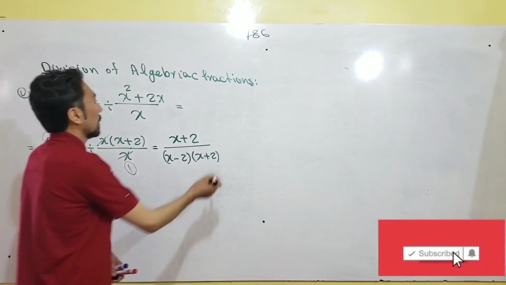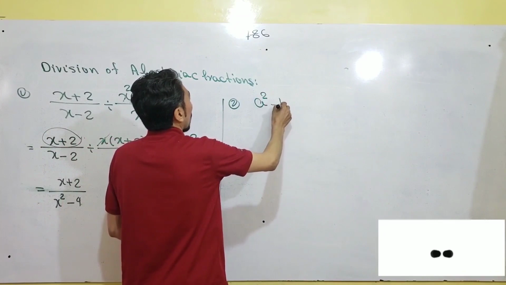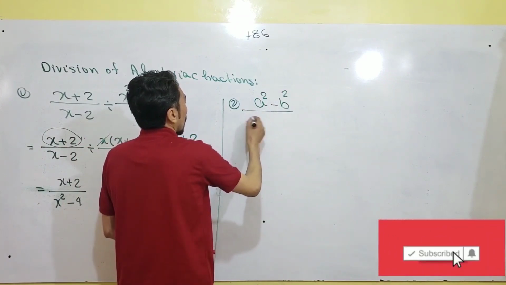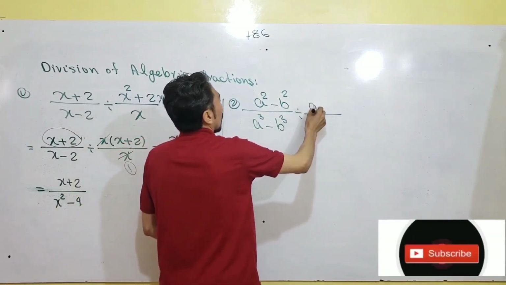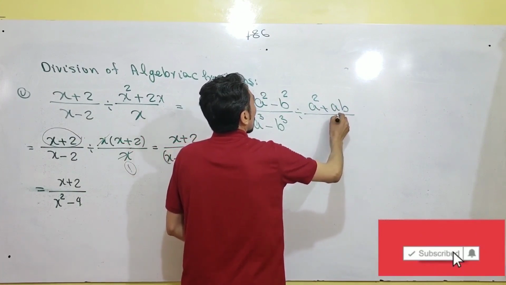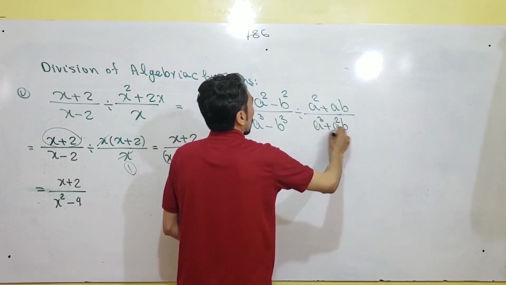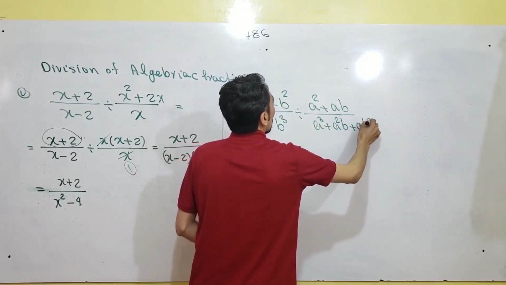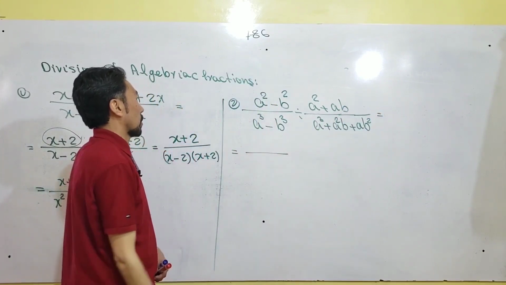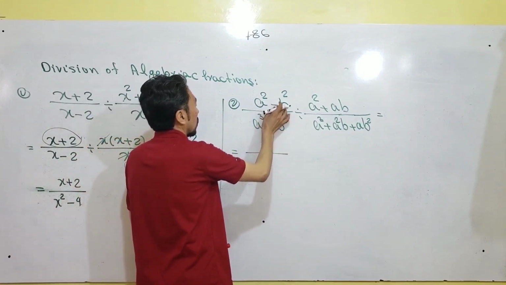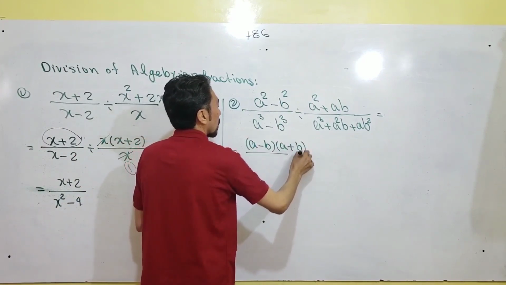I take another example. We have a squared minus b squared over a cube minus b cube, divided by a squared plus ab over a cube plus a squared b plus ab squared. Here we factorize the first fraction, the numerator here, a minus b multiplied by a plus b.